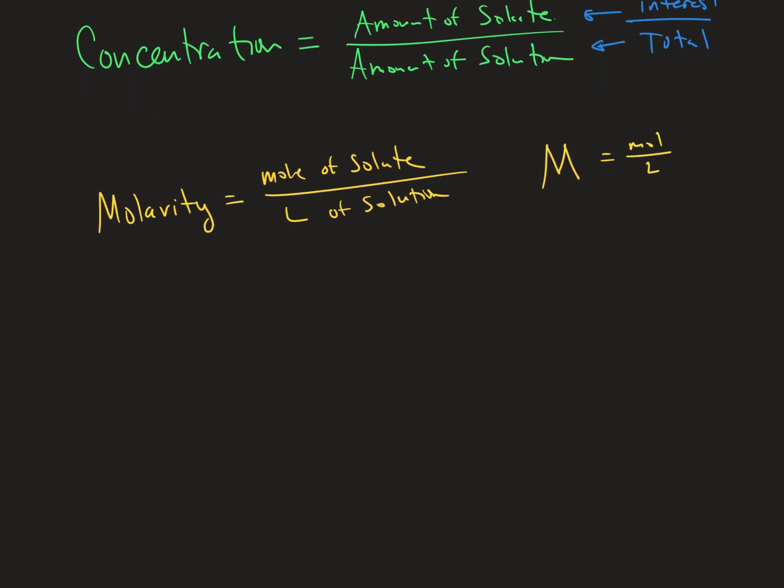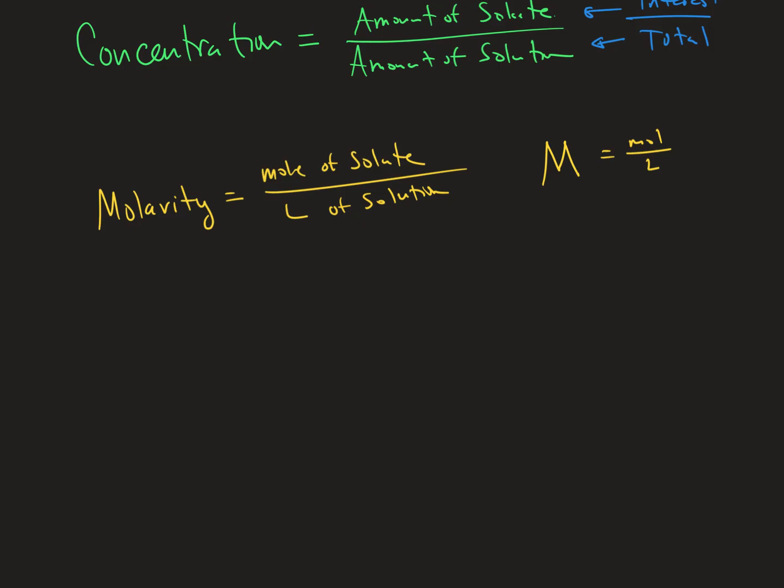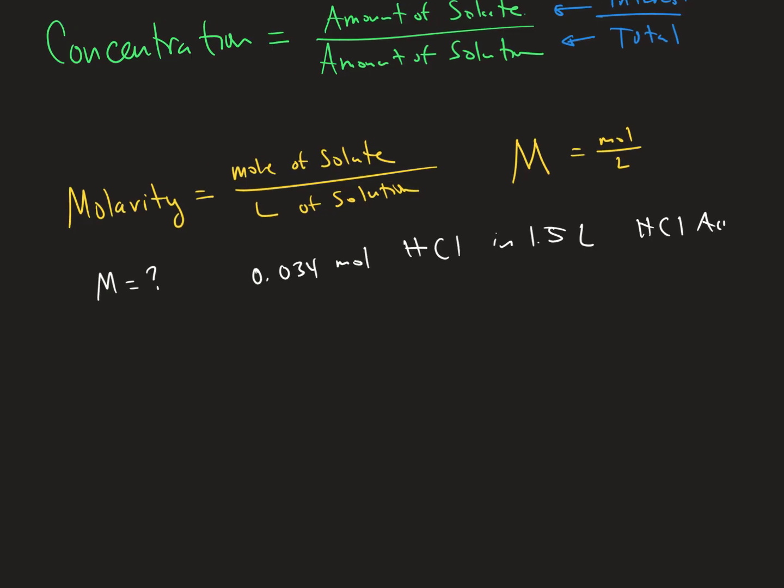So should we do an easy example or a more complex example? Easy? Yeah, stick to easy. And then we'll do a hard one later. Okay? All right, so calculate the molarity of 0.034 moles of HCl in 1.5 liters of HCl acid, hydrochloric acid.